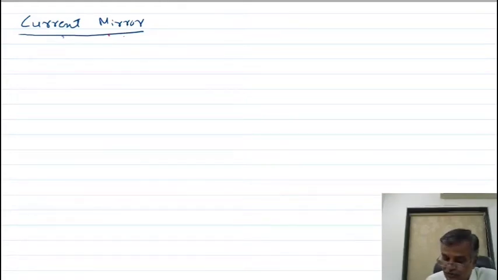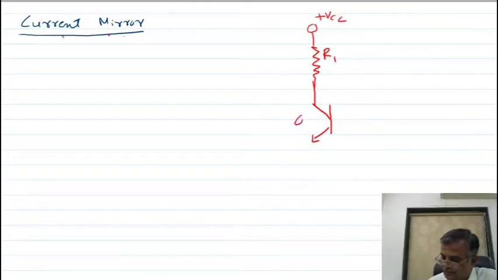I am showing you the circuit of a current mirror. This is your supply voltage. From this you connect resistor R1, and here I am connecting transistor Q1.